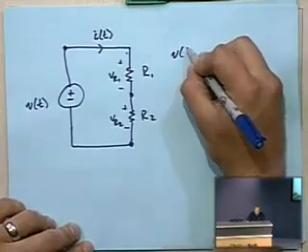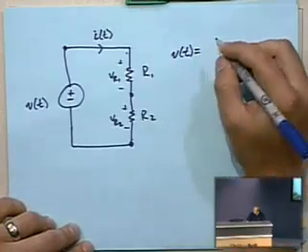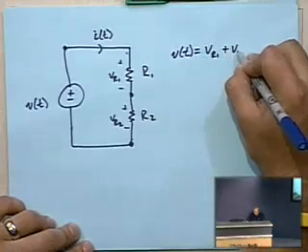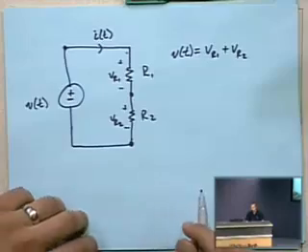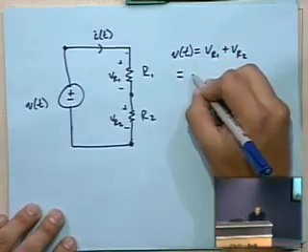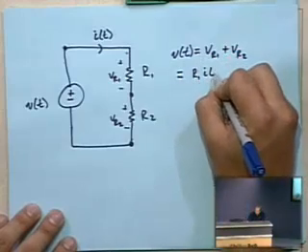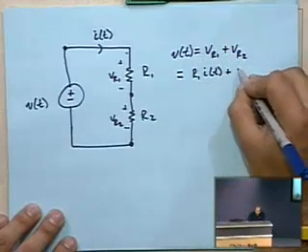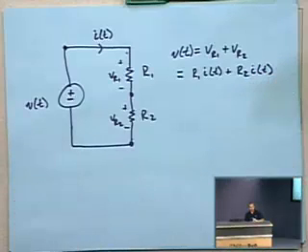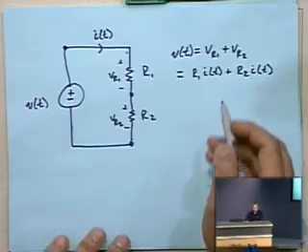So we had V of t equals VR1 plus VR2. And we knew from Ohm's law that this should be R1 times I of t plus R2 times I of t, because KCL told us it's the same current.